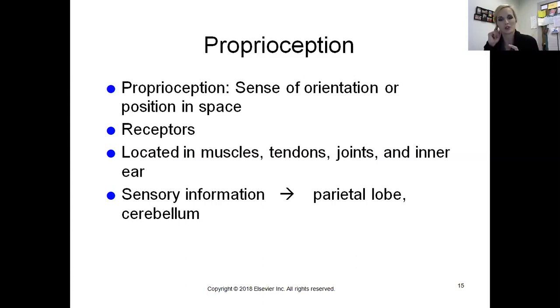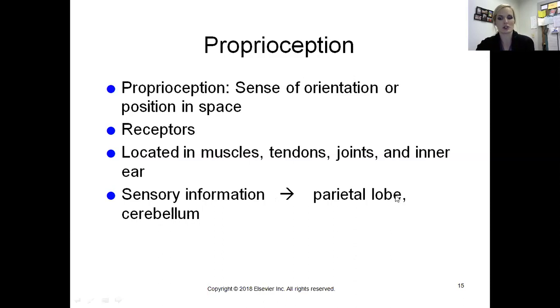We have changes that occur in our inner ear, and we'll talk about this when we talk about the ear, to help us detect different movements. When our head moves, those movements can be detected in our ear, and that's what helps us maintain balance. So the sensory information here is going to be translated by the parietal lobe and the cerebellum. If you remember, the cerebellum is that part in the back of our brain that helps to detect balance.